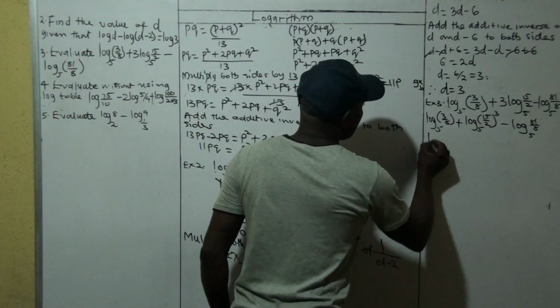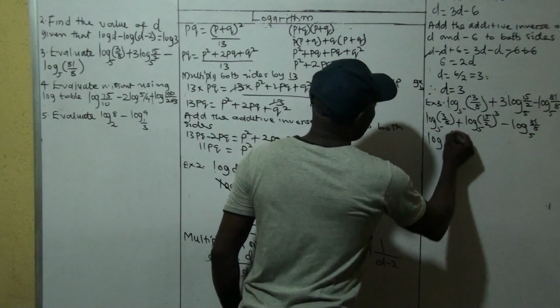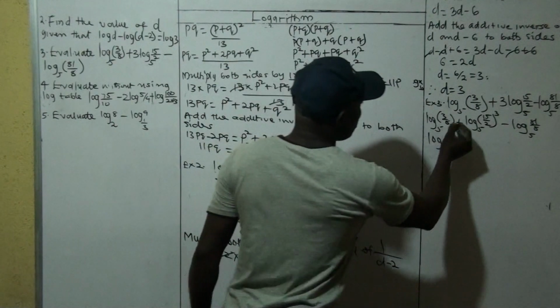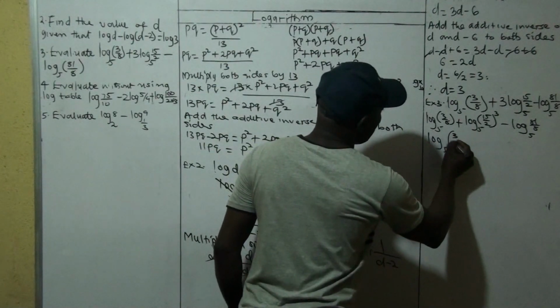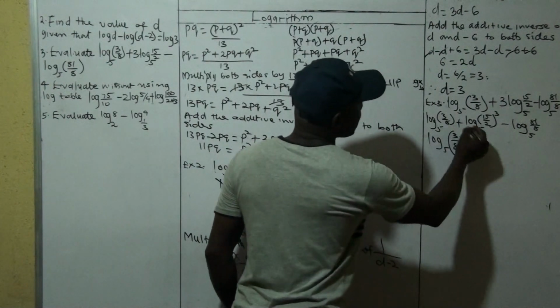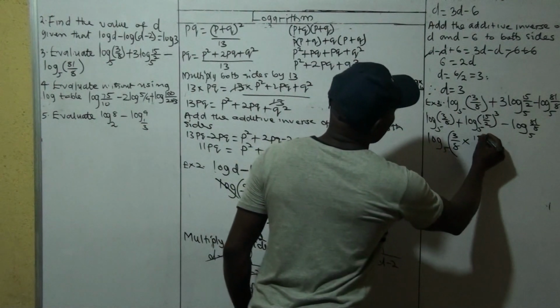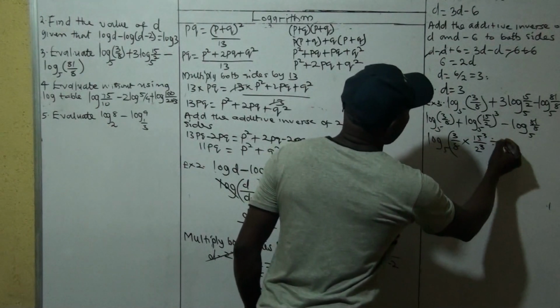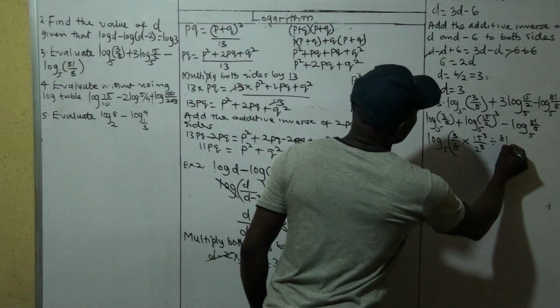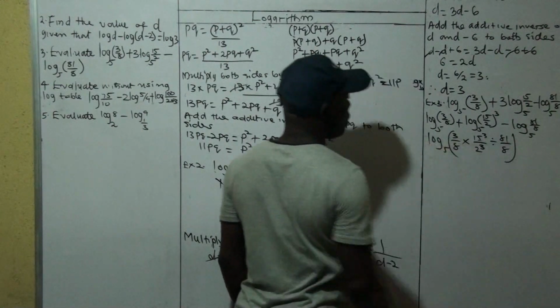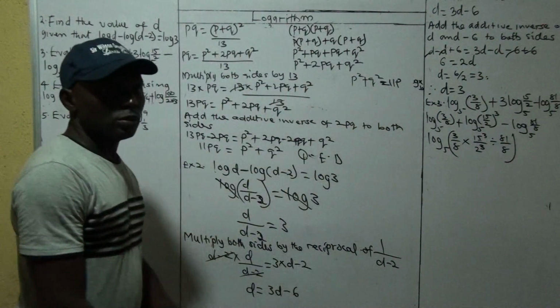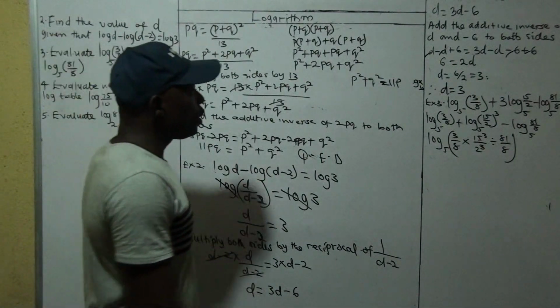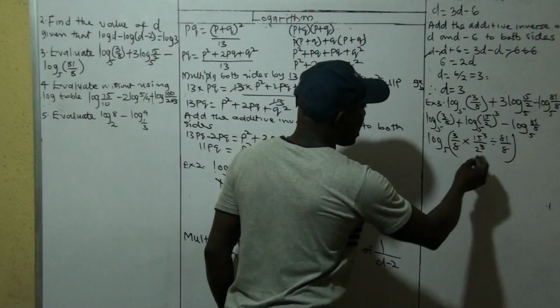So here, since the bases are the same, we bring the log 5 out. So we observe the sign: 3 over 8 times 15 raised to power 3 all over 2 raised to power 3, divided by 81 over 8, to close your brackets. So here we'll do the operation inside.